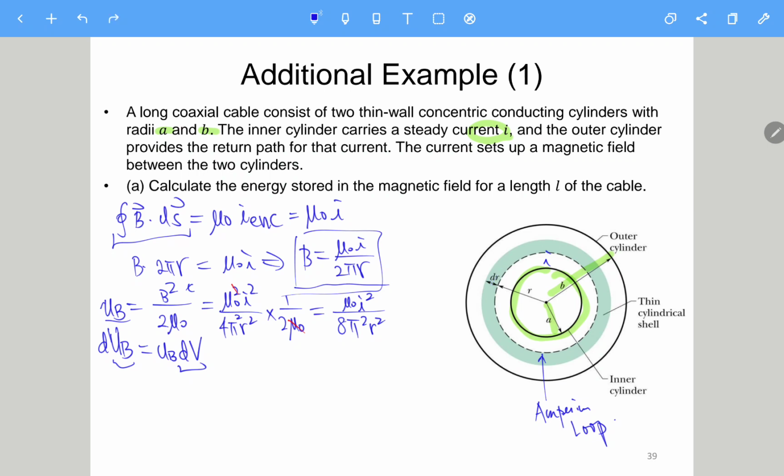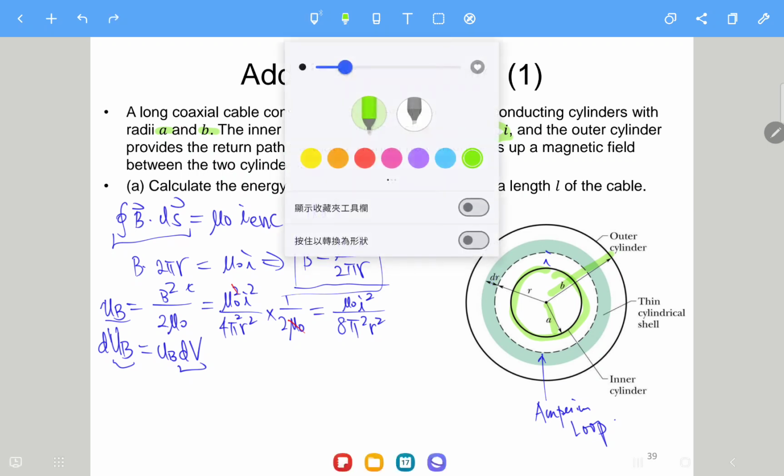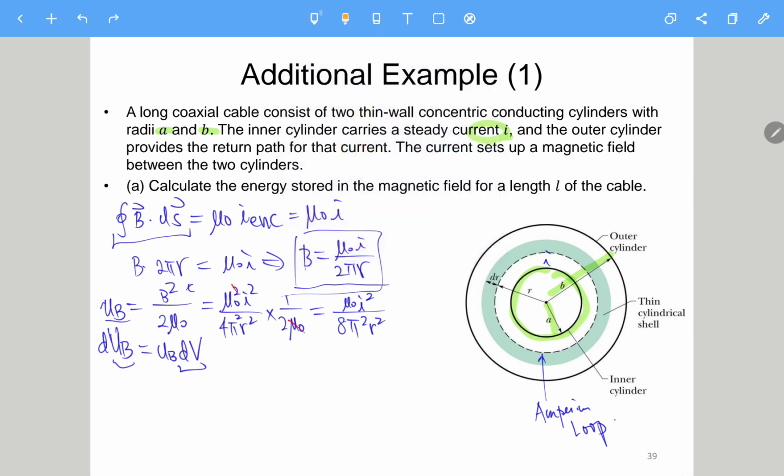So dV is a cylinder, the height multiplied by the cross-section area.